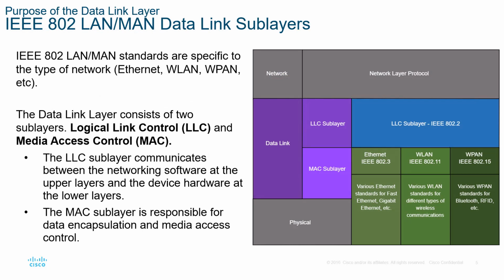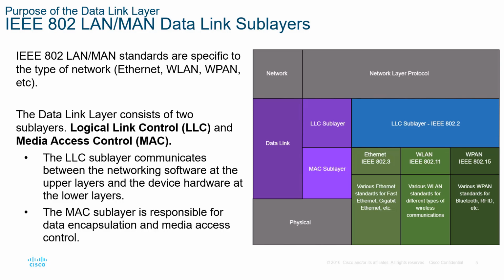So here we have the data link layer, and you're going to notice the MAC address sublayer. Again, that MAC sublayer is what allows access to the physical media. There's also an LLC sublayer, which is what allows for communication with upper layer content.